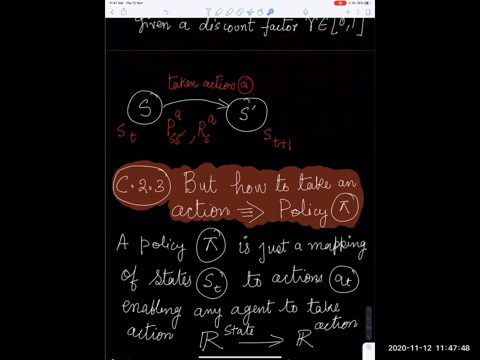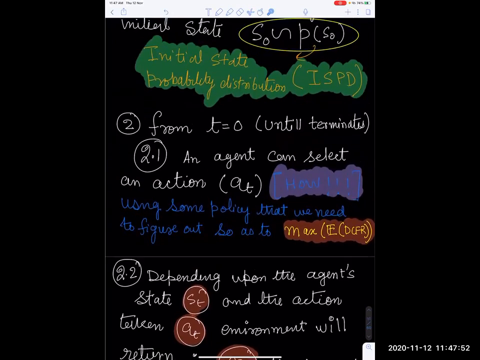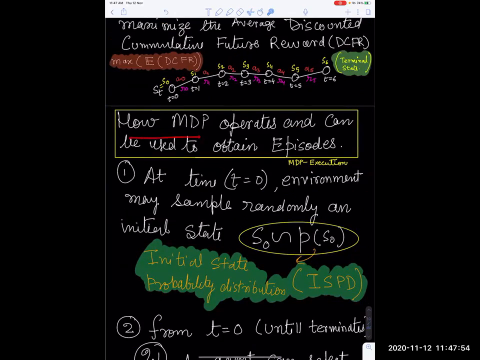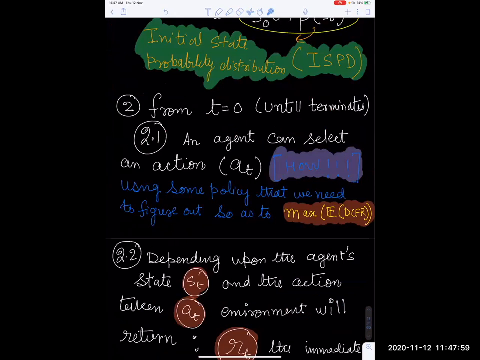Now the actual problem is that you can generate multiple episodes the way we just talked about, but the point is how you can take an action. Is there a way by which I can take an action? Because I haven't talked about who is going to give you the next action if I give you S t.